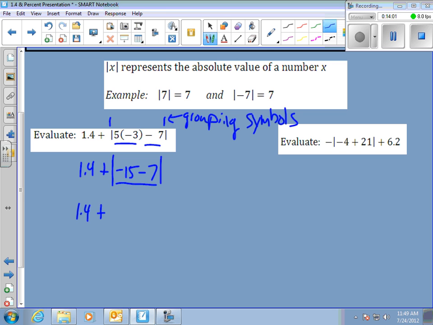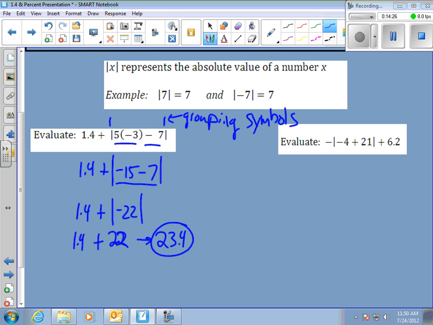This is going to give us the absolute value of -22. Once you get it down to one number, then you take the absolute value of it. So this is 1.4 plus the absolute value of -22, which is positive 22. There should be no decimal there. That's just 22. 1.4 and 22 is 23.4.